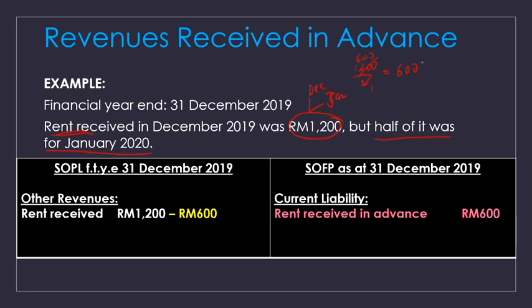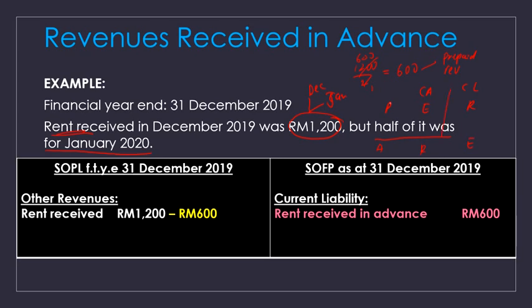So you tahu RM600 ni merupakan you punya prepaid revenue. Okay, so macam biasa, current asset, current liability, prepaid, accrued, expenses, revenue expenses.